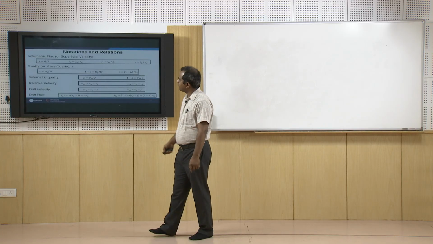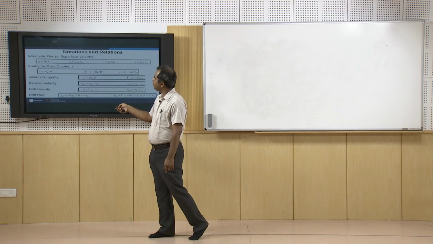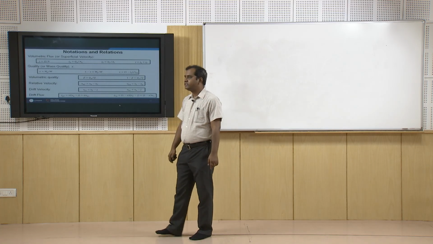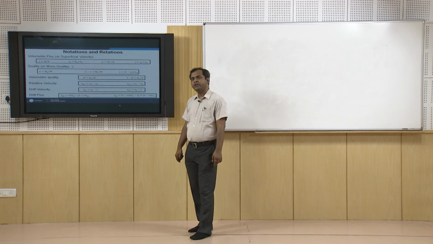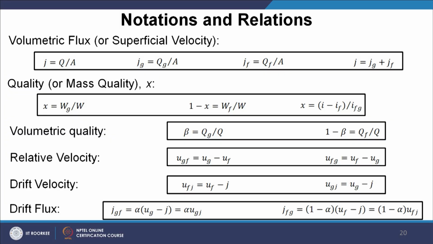Let us see then the volumetric flux. For volumetric flux, we write that as small j. So, small j is actually the total volumetric flow divided by the area. So, this is Q by A. Sometimes we call this superficial velocity also, right.